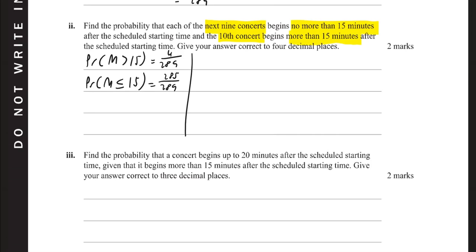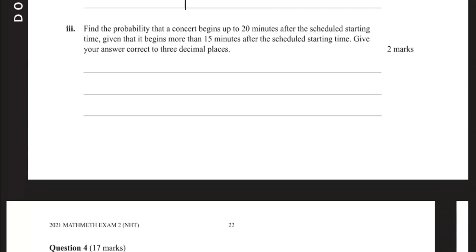Now, the next 9 concerts can't begin more than 15 minutes late, so that's 285 on 289 to the power of 9, because it's 9 concerts, multiplied by 4 on 289 because the final concert begins more than 15 minutes late. Simplify that to get 0.0122 to 4 decimal places.